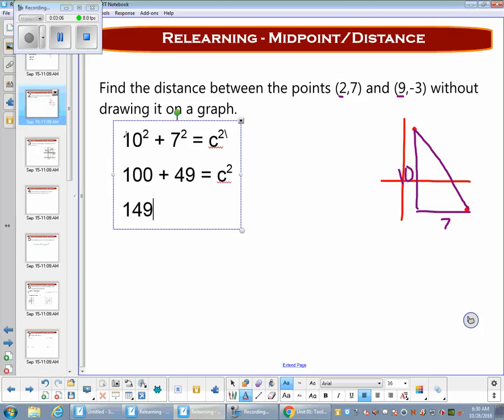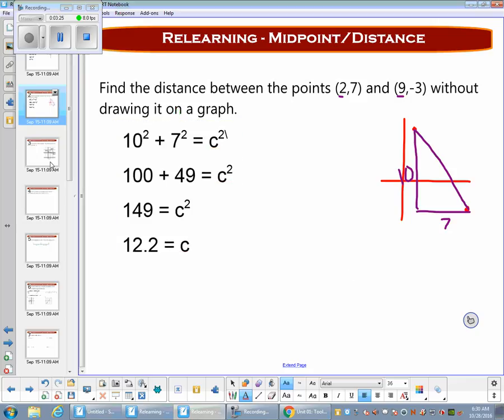That's 149. And now we've got to take the square root of 149. I can't do that in my head, so I'm grabbing a calculator, and I have 12.2 equals c, and that's our distance between these 2 points. Now, hopefully, you have distance figured out.